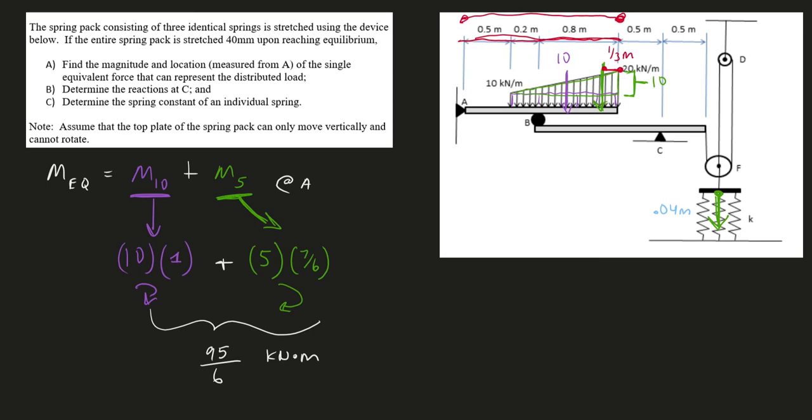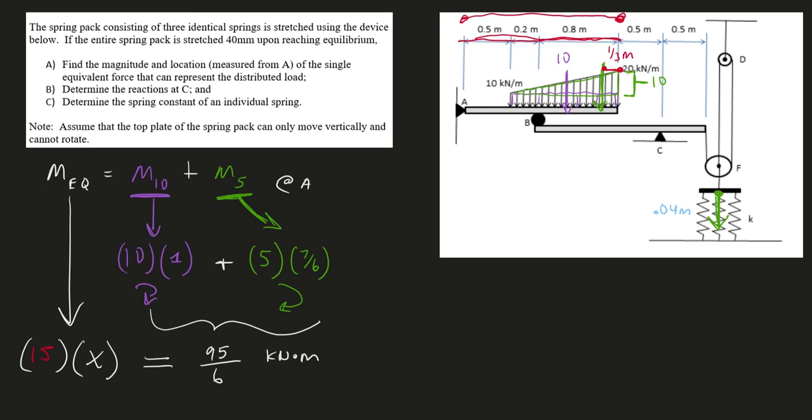What we now have to say is that our total downwards force of 15 must be at some distance away from A, some moment arm distance, such that it creates this same total moment.